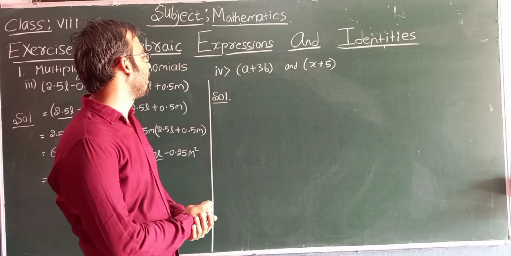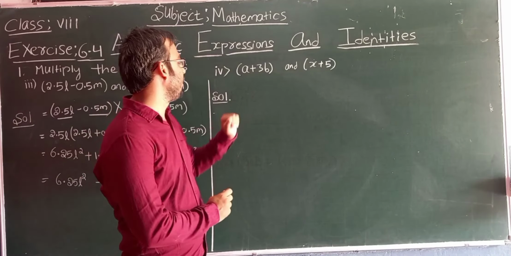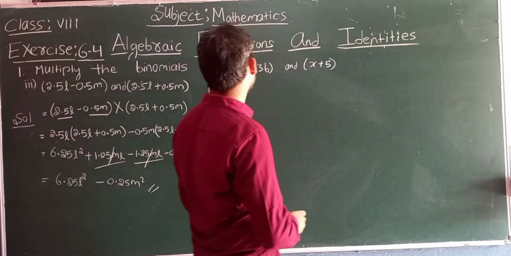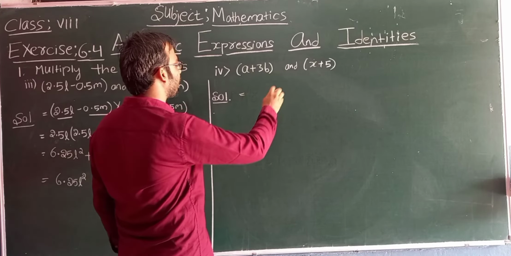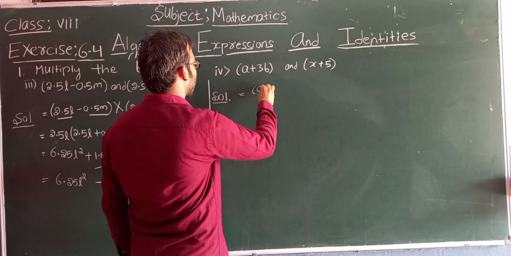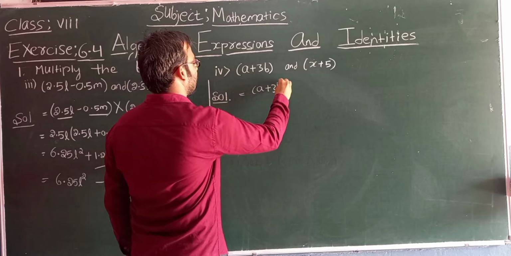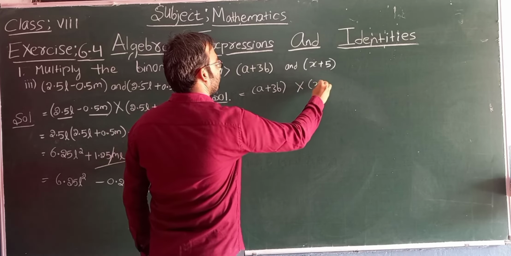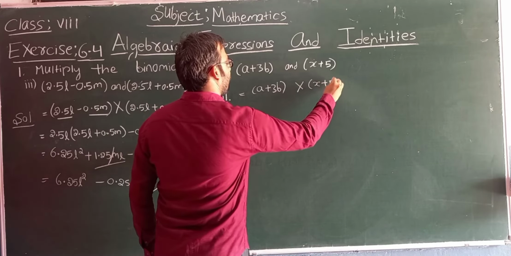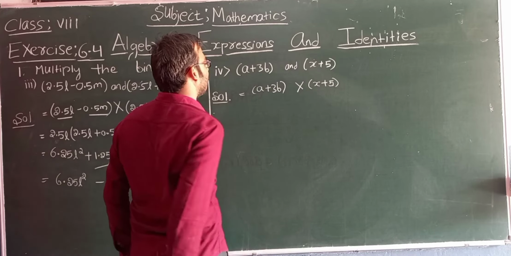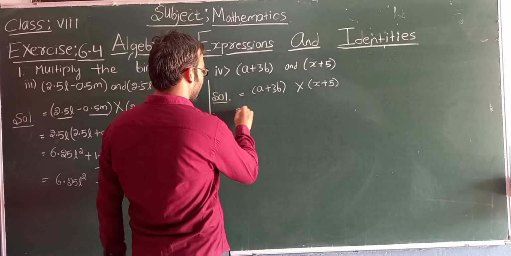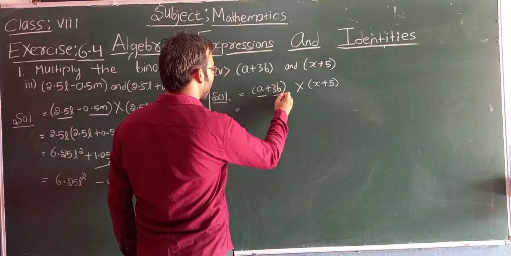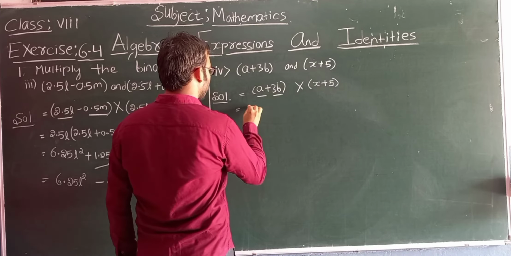Here what they have given: a plus 3b and x plus 5. We need to find the product of these two binomials. So first write a plus 3b into x plus 5. You can keep any one as it is. Here I will be dividing this one into two parts. This one I will keep as it is.